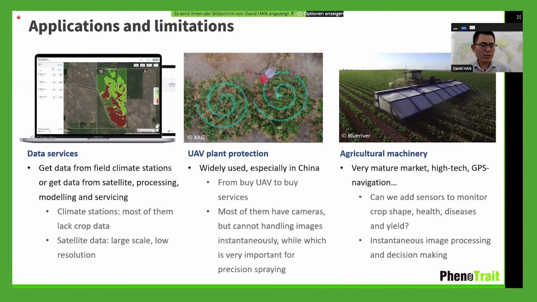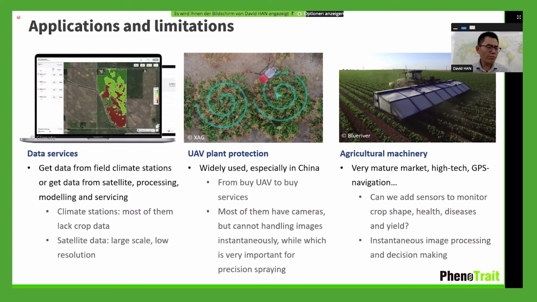The first one is data services. We all know that there are many companies who offer field climate data services. They collect data from weather stations, they handle the data, do modeling, and provide services to farmers. But most of the climate stations in the field lack crop information, lack images, or lack NDVI or chlorophyll information.